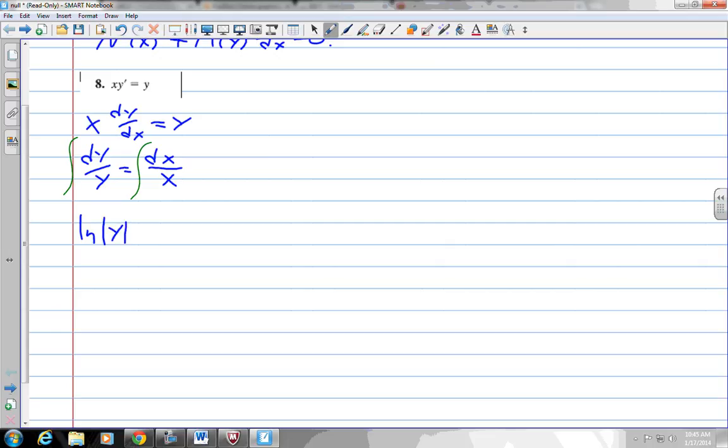The integral of 1 over y is natural log of the absolute value of y, plus a constant. Both sides have a constant, and then you move them onto one side, so it's easier just to have one side have a constant. Does that make sense? Because technically you do two integrals.